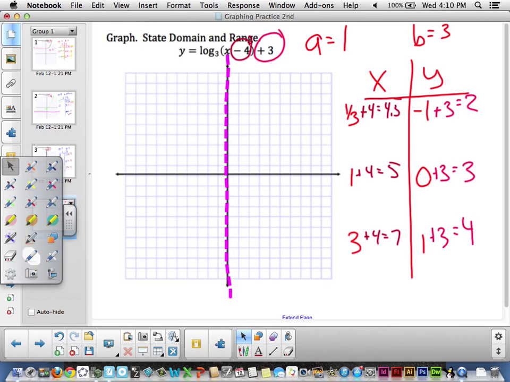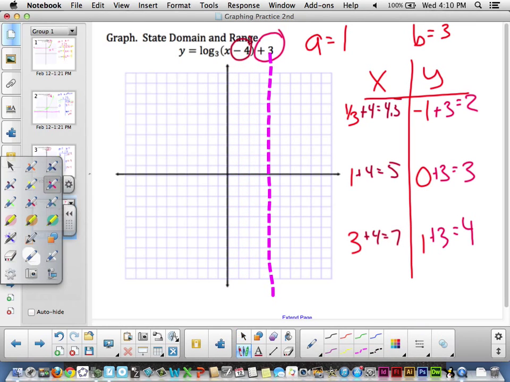Up and down is not going to change anything because it's a straight line up and down, so we just need to do our shift right. Then we'll plot our points. The first point is 4.3, 2, right about there. Our next point is 5, 3. And our last point is 7, 4. And we connect.